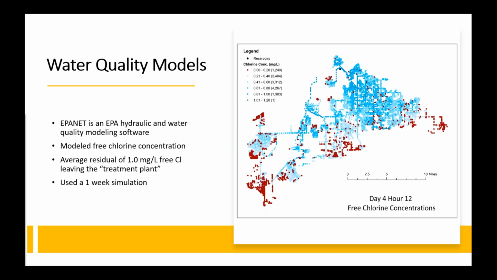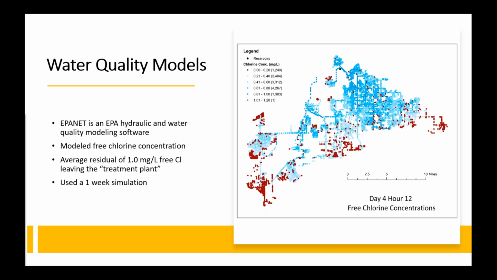For both networks, I had an average free chlorine residual of 1 milligram per liter leaving the treatment plant, or the source in this case, and I used a 1-week simulation.